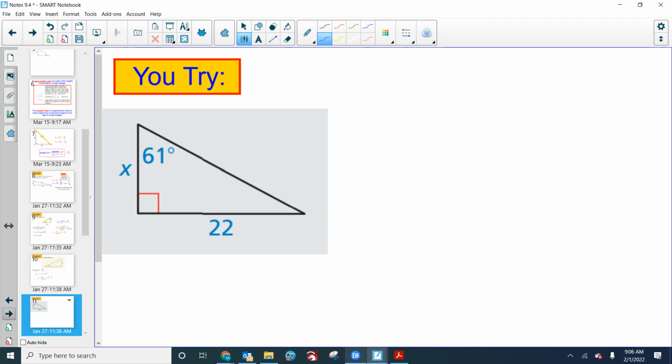I do want to get back to the notes, McKenna. I want to get in as many practice problems as we can, so you guys feel confident with this. Okay? All right, try this one.